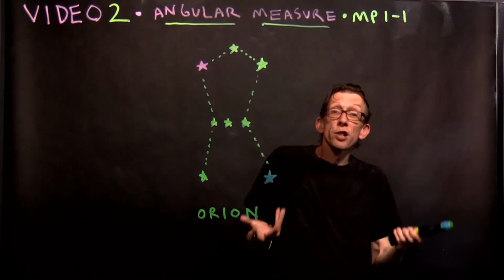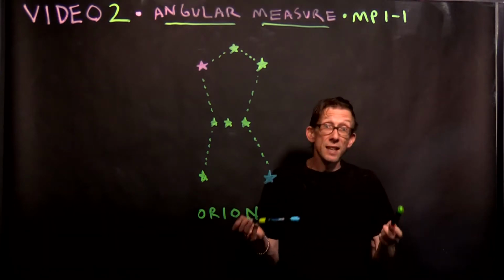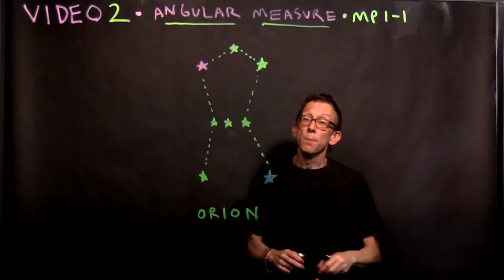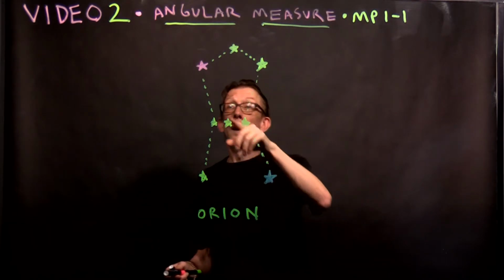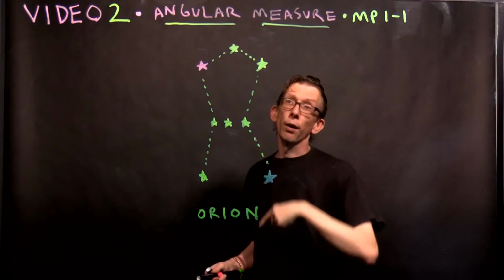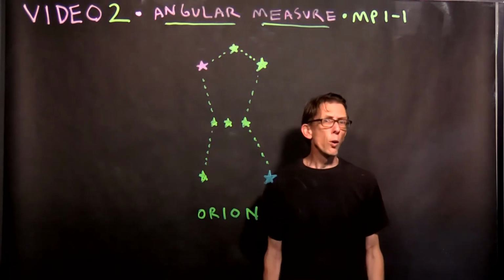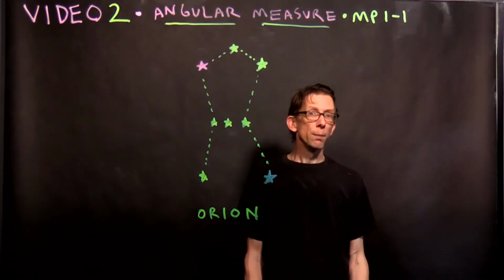So in the world of astronomy, what angular measure means is this. This is a little silly, but this is how I think about it. Suppose I'm looking at Betelgeuse here, and I can't remember the name of that star there, but these two stars, the shoulder stars of Orion. And I want to know what angle is between them.